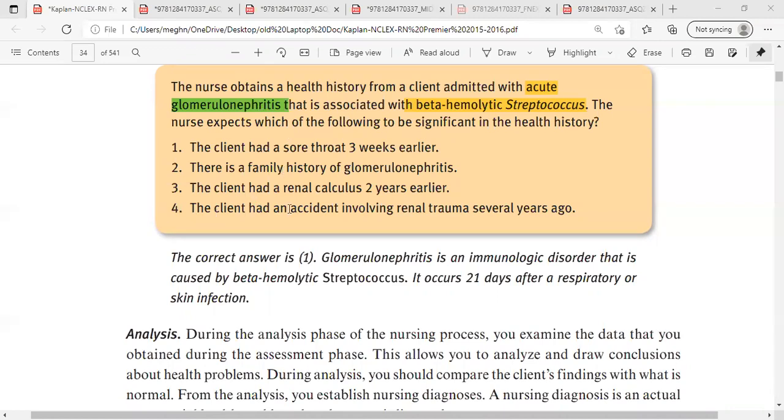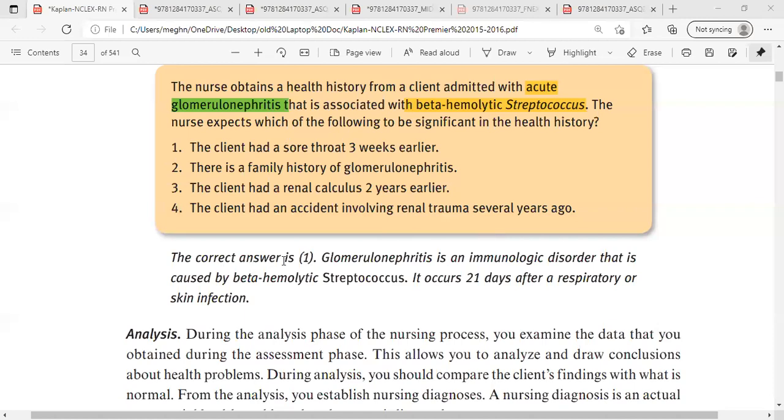Number 4, the client had an accident involving renal trauma several years ago, but my patient is acute, meaning the history is less than 3 months, not 7 years.